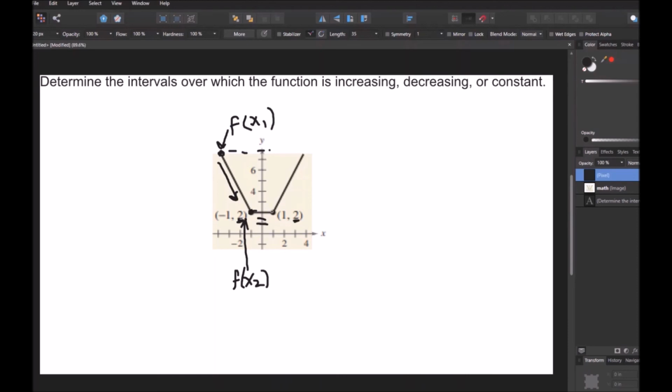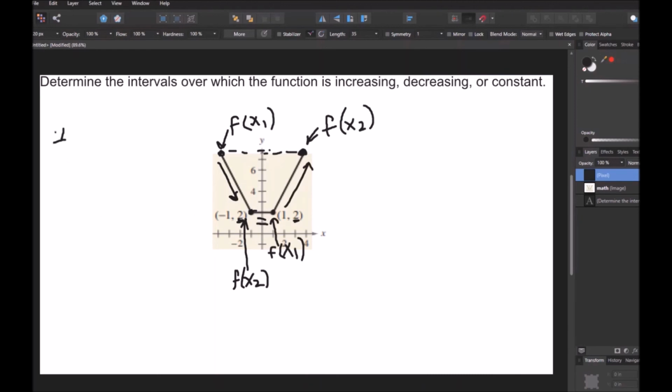Now at this point, 1, comma 2, if I call that my f of x1, and this point on the rightmost part of the graph f of x2, I can see that this f of x2 is greater than my f of x1. It's increasing on this interval.